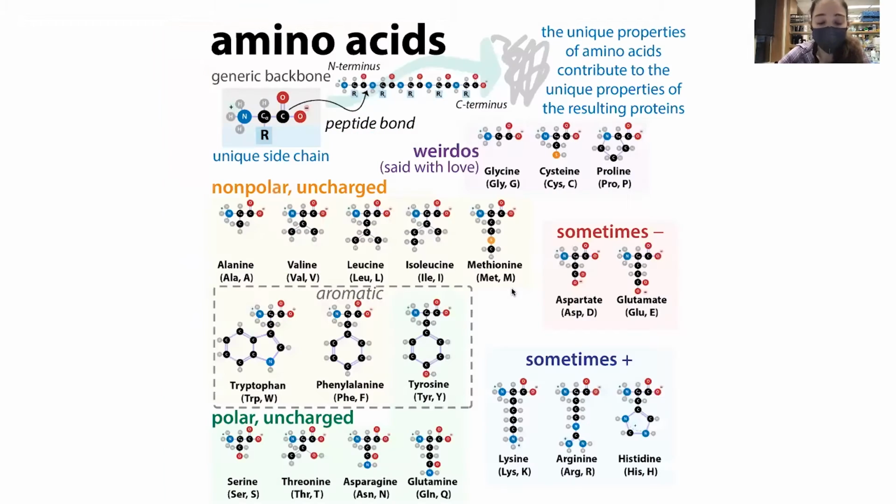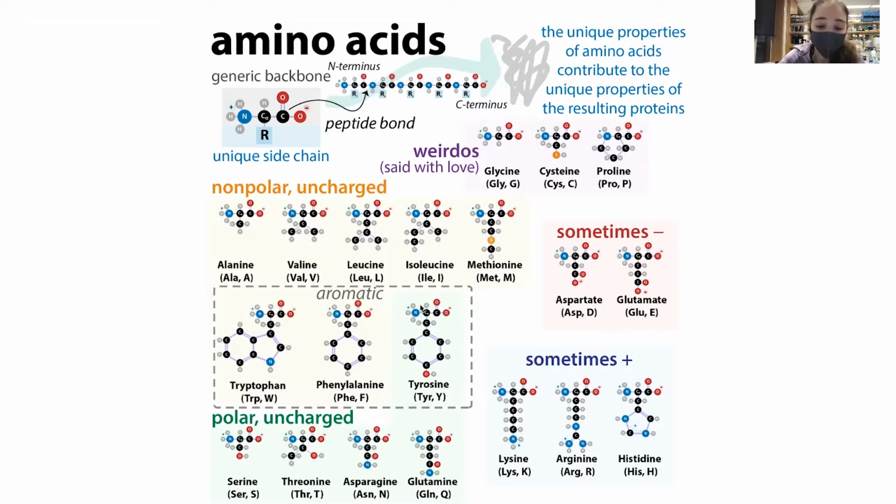And because these side chains have different properties, things like differences in charge and hydrophobicity or hydrophilicity, so whether water likes to hang out with them or whether they have to go together, like hide together in the center of a protein. There's all sorts of different things, and some of these can be modified in various ways after they're put into the protein.